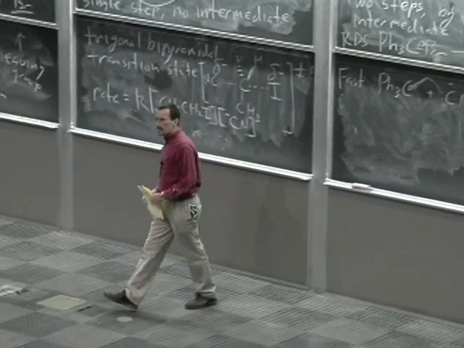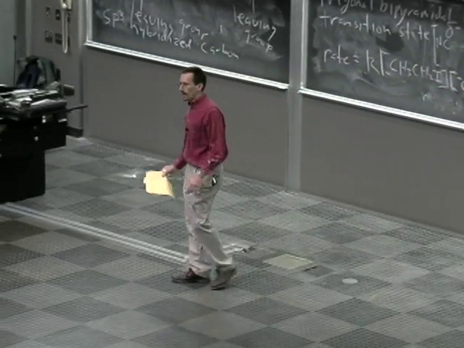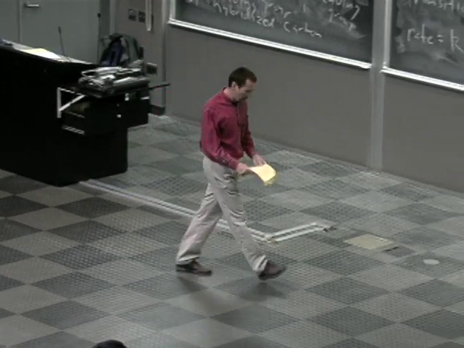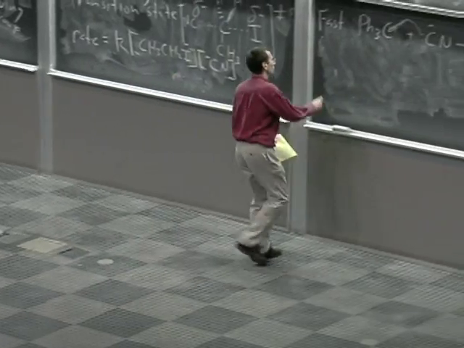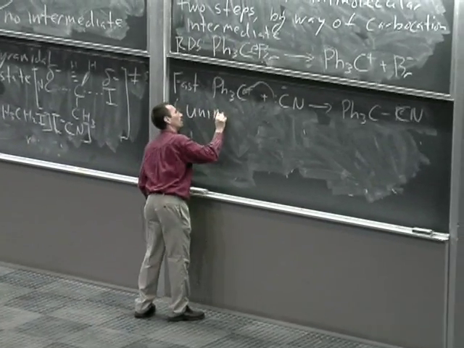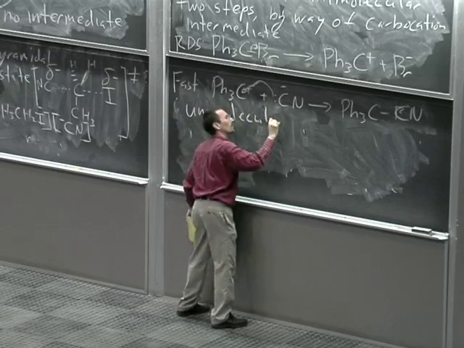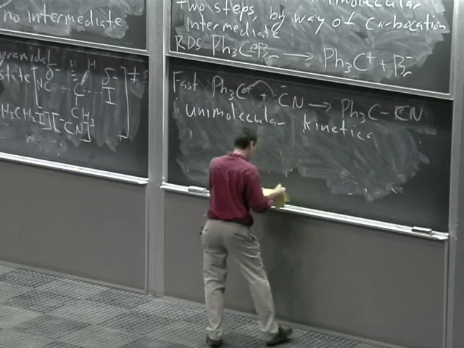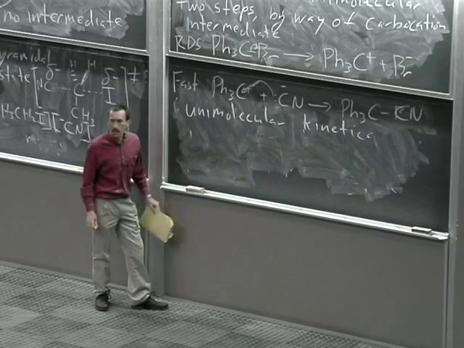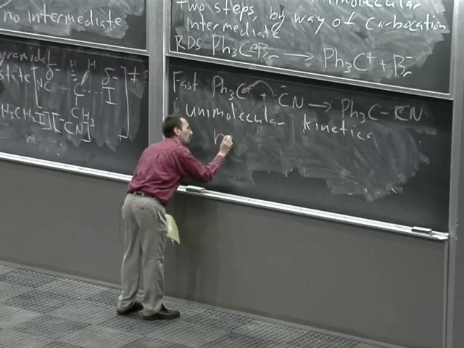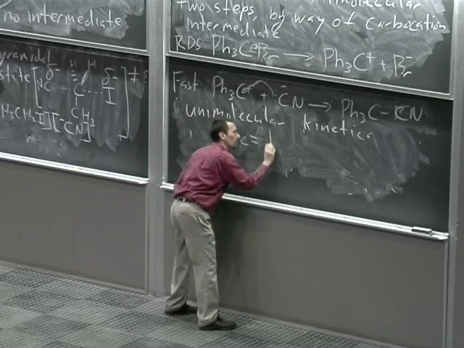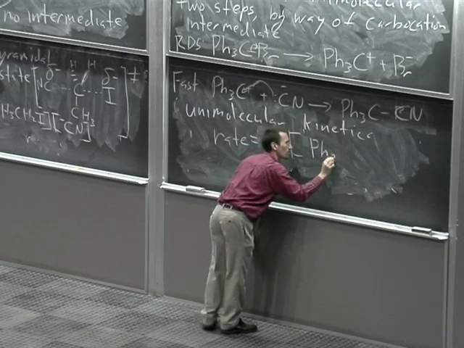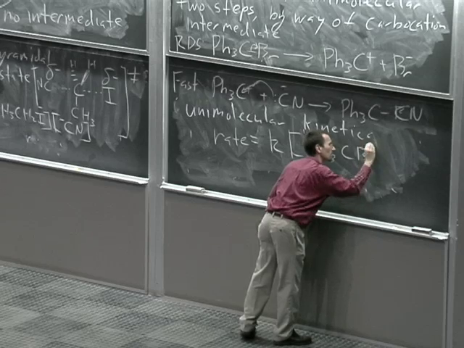So whereas an SN2 reaction showed bimolecular kinetics, an SN1 reaction shows unimolecular kinetics. In other words, the rate of reaction is equal to k times the concentration of bromotriphenylmethane.